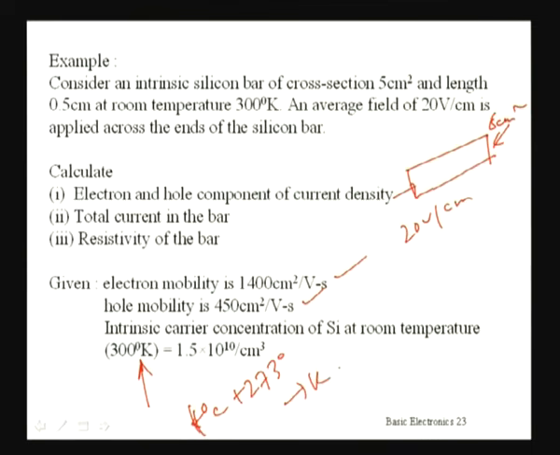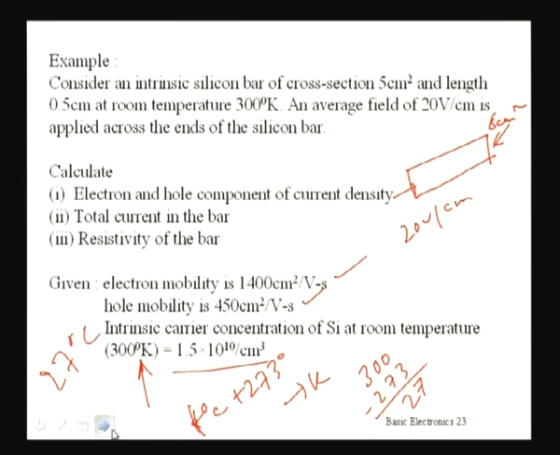So here it is 300 degree Kelvin, and this example is carried out at 300 minus 273, that is 27 degree centigrade room temperature. At that temperature, the intrinsic carrier concentration of silicon is given as 1.5 into 10 to the power 10 per centimeter cube.